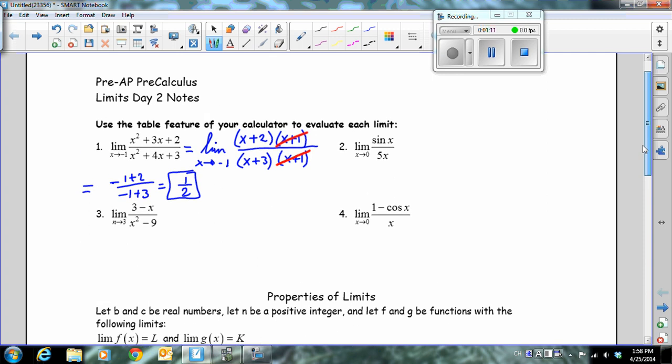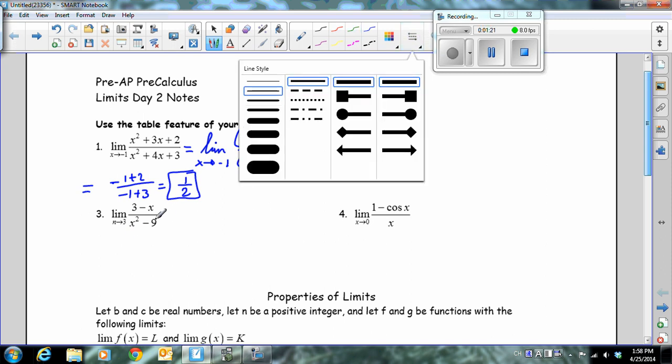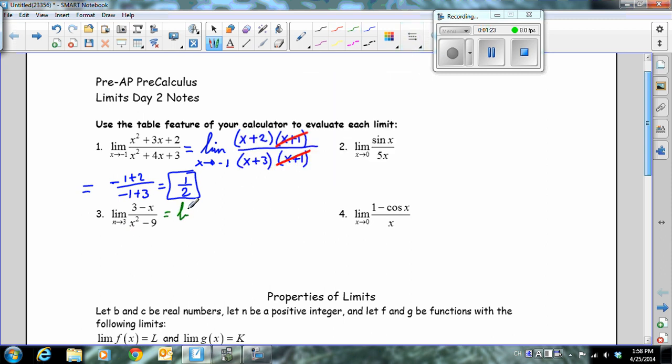I'll do the same thing for number 3, but before I get to number 3, let's look at number 2. Actually, I want to do number 3 first because it's very similar to number 1. If I factor this, it is equal to the limit as x approaches 3 of (3 - x) over, the bottom would be (x + 3)(x - 3).